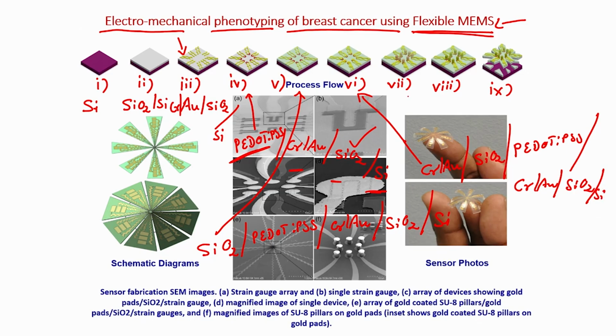Right. The next step will be SU8 pillars on chrome gold on silicon dioxide over PEDOT:PSS, that is your strain gauge, over chrome gold over silicon dioxide over silicon.